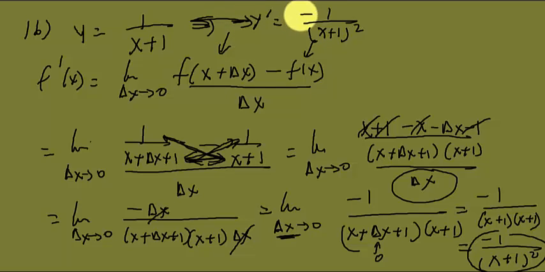Now we know how to find the slope of a curve using the definition. Let's take a look at some of the graphs here. Let's say we have a function, and let's say we have a curve like this. We'll call that f of x.